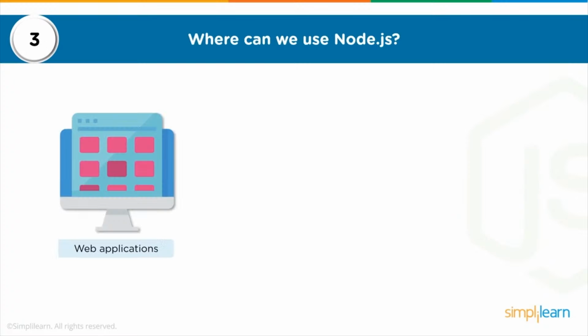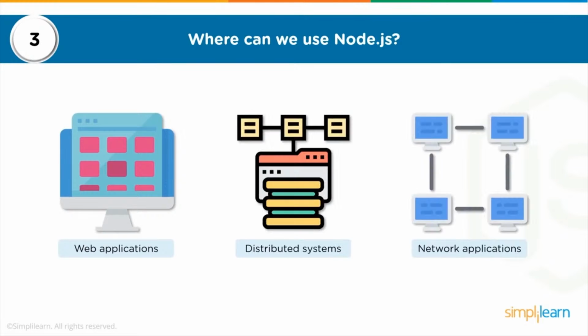So you're going to then be asked, where can you use Node.js? And the reality is the applications for Node.js keep expanding, but there are some core applications that you can work with Node.js right now, such as web applications, distributed systems, and network applications. Probably referencing the web applications is a really good starting point, because here you can talk about some examples that you've done where you're building out some of these web applications. Indeed, one of the things that you want to be consistently doing and peppering your answers with is examples of work that you have done.